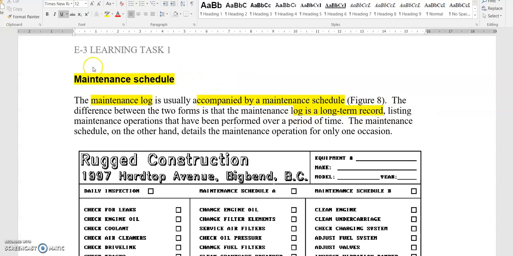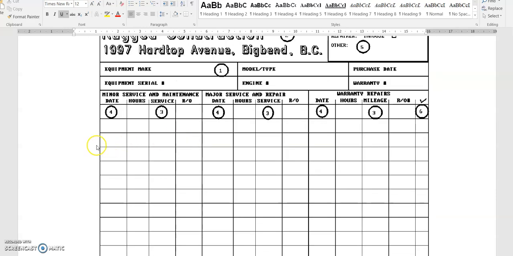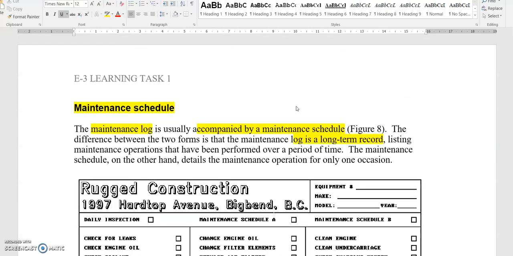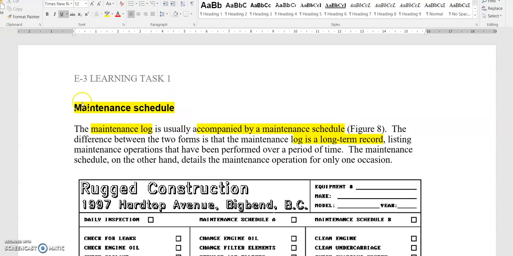Let's say maintenance schedule for your vehicle over 3 years, but during those years you need to replace the oil filter every 6 months and then rotate tires every 2 months. So that will go into the maintenance log. So I hope you see the difference between maintenance log and maintenance schedule. So maintenance schedule is over a long period.